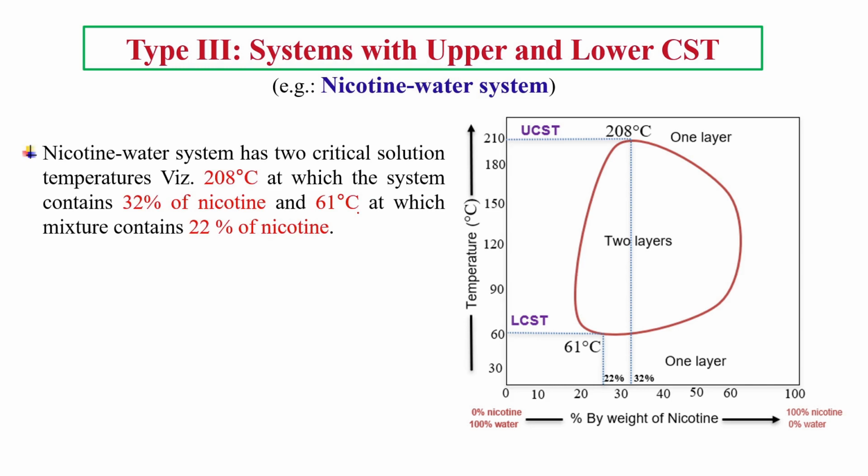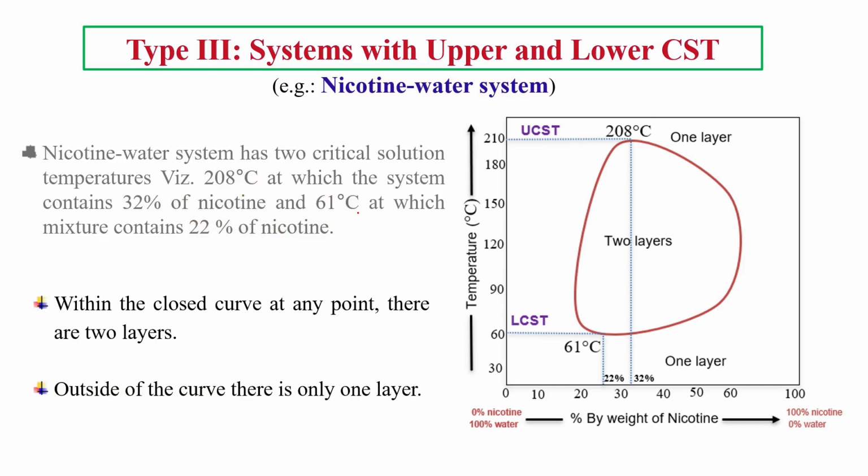The nicotine water system has two critical solution temperatures. They are 208 degrees Celsius, at which the system contains 32% nicotine, and 61 degrees centigrade CST, at which the mixture contains 22% nicotine. Within the closed area, at any point, there are two layers. Outside the curve, there is only one layer.